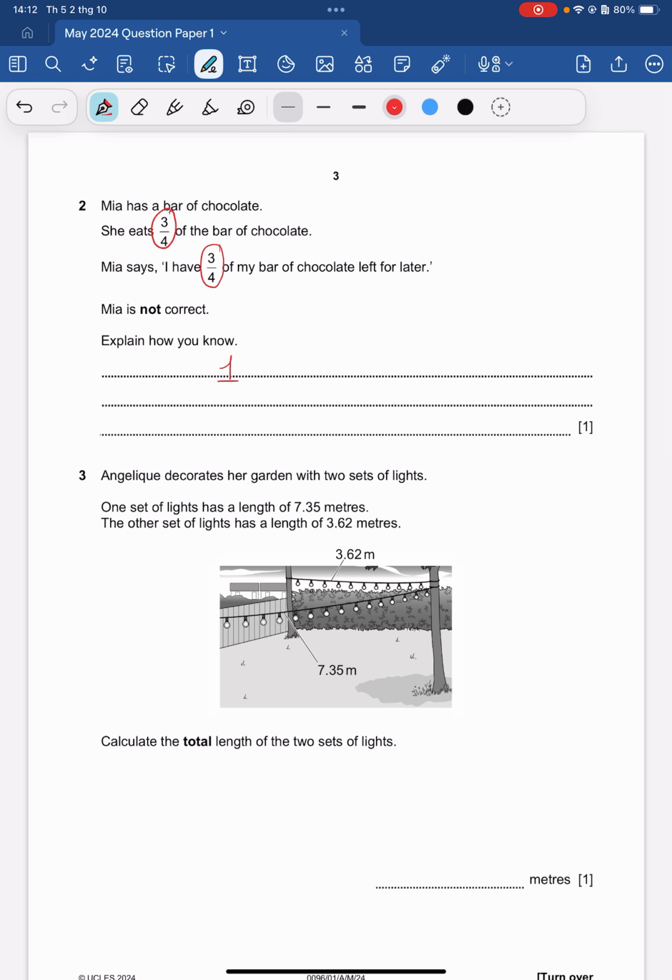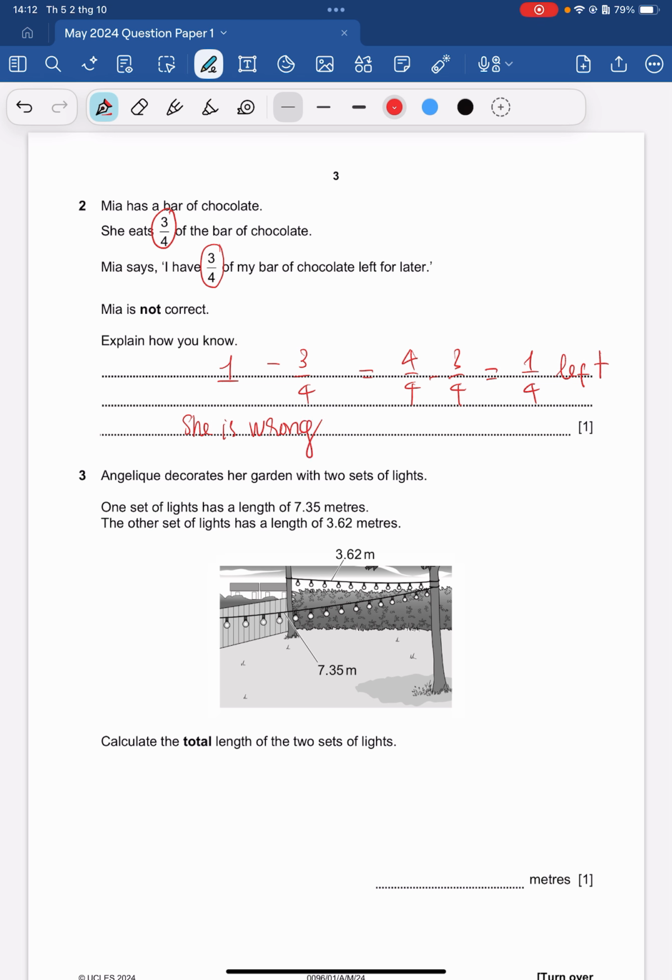That means we have 1. She ate 3/4, right? So we have 4/4 subtract 3/4. That should be 1/4 left, right? Not 3/4. So this is wrong.